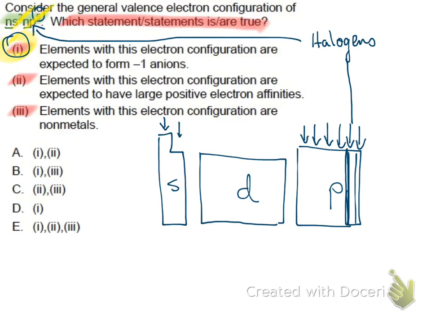Number 2, elements with this electron configuration are expected to have large positive electron affinities. Again, when we think about electron affinities being large, we're talking about the element would like to gain another electron. And we know it really would, because gaining another electron would make it look like a noble gas.